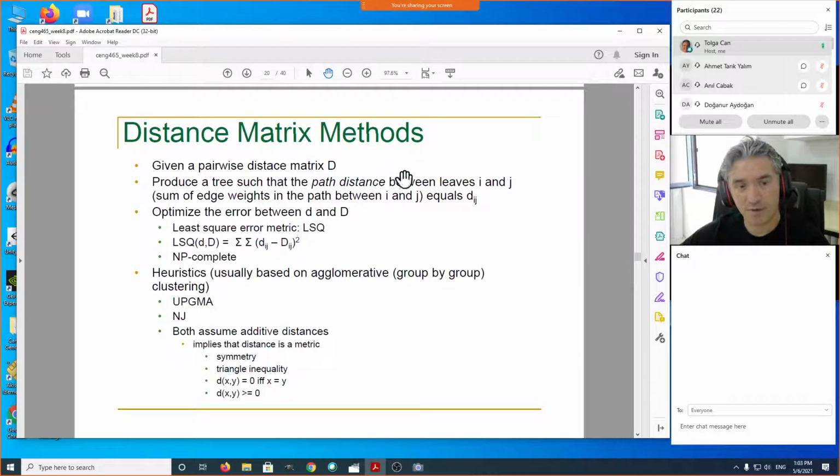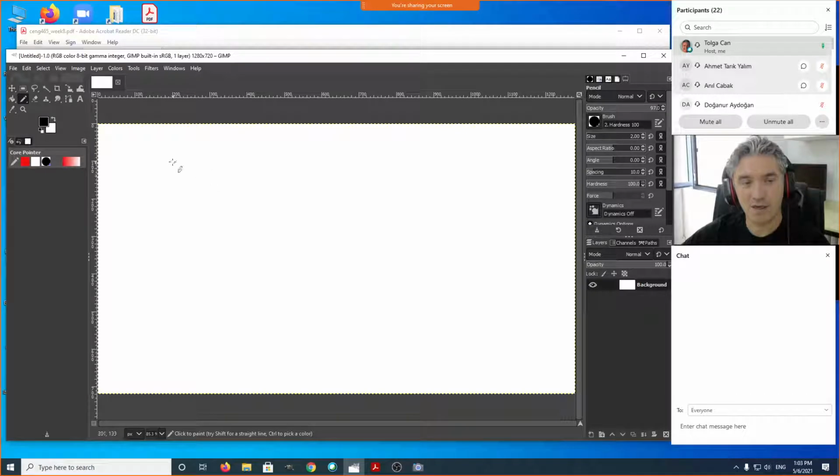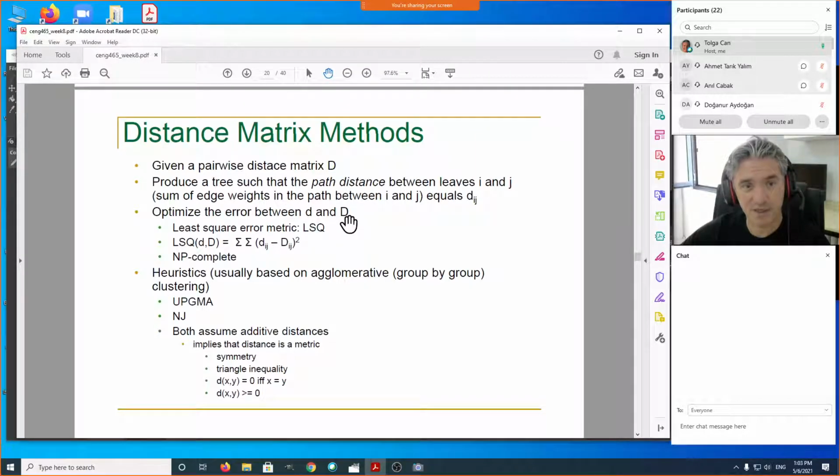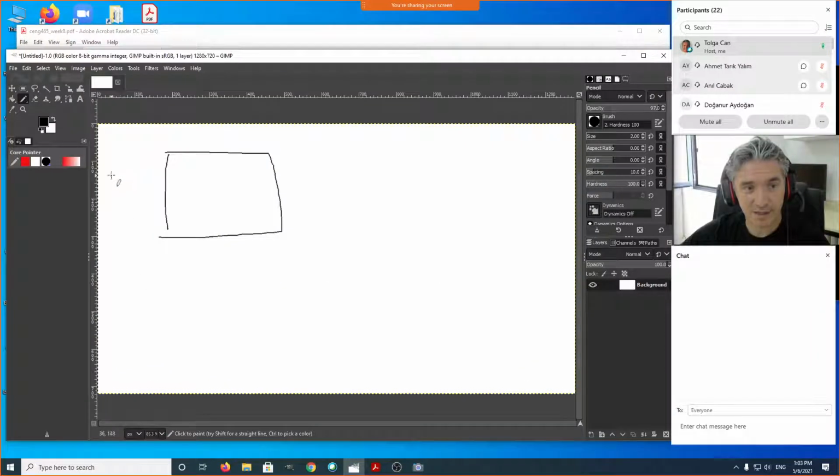Here's the place where we define this as a computational problem for those distance matrix methods. Now we are given as input a distance matrix. This distance matrix is this capital D. This is given to us as input.